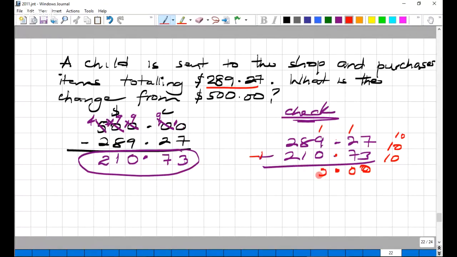So we're going to write 0 and carry 1. 1 and 8, 9, 9 and 1, 10 again. So now I'm going to write 0 and carry 1. 1 and 2 would be what? 3, and 3 and 2 would be what? 5. Okay, so we end up with what? 500 flat. $500.